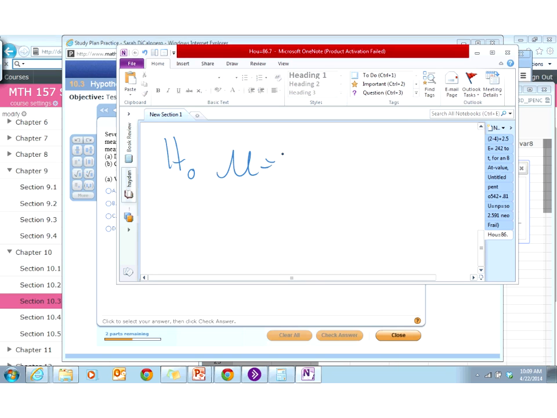H naught is that the mean equals 40.2. And the alternative, she just wants to know if it's changed. So it doesn't matter if it's bigger or smaller. The alternative is that mu is not equal to 40.2.